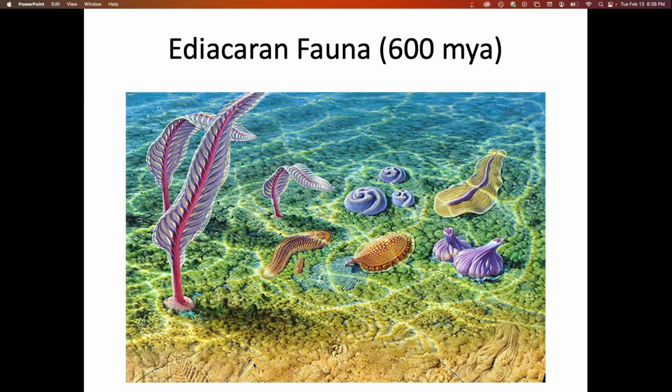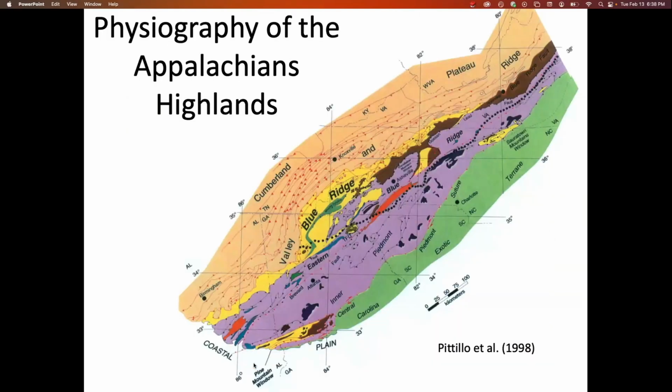This entire group is thought to have gone extinct. They were mostly marine organisms in oceans. Some of them were very much plant-like, but the Ediacaran fauna predated the Cambrian explosion. And then at about 550 million years is when we see that eruption of all those other major forms of life.